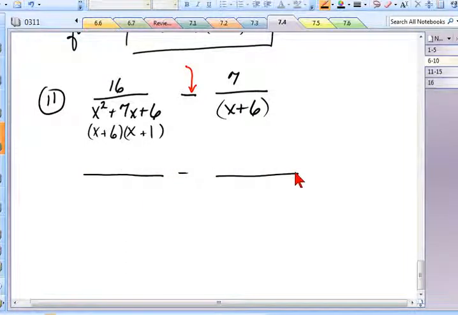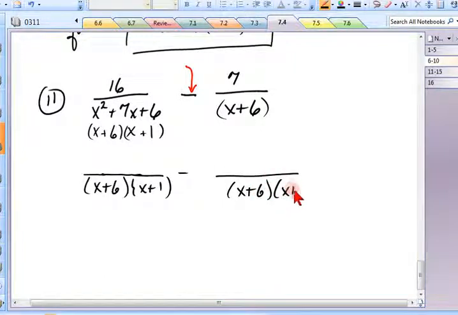What's the LCD? Yes. I need an x plus 6 and I need an x plus 1. It doesn't matter what order you write them. Because I need one of every different kind of factor, and there were no high powers.